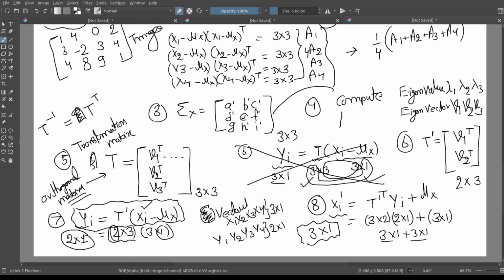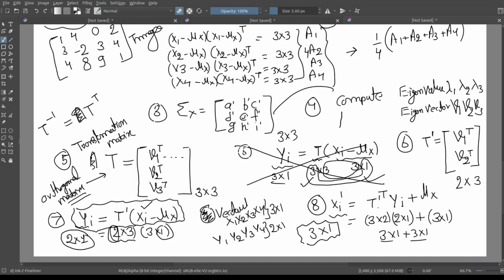So y will be 1 cross 1 in the T double prime case. V1 transpose transposed is 3 cross 1, yi is 1 cross 1, plus mu x is 3 cross 1. So you will also get a 3 cross 1 vector in the reconstruction case.